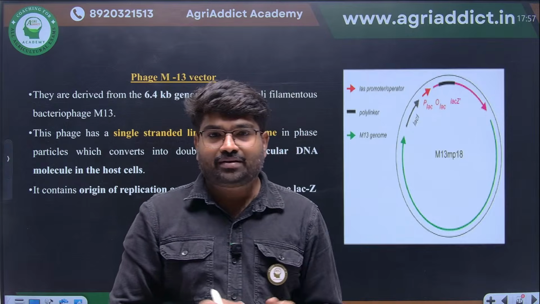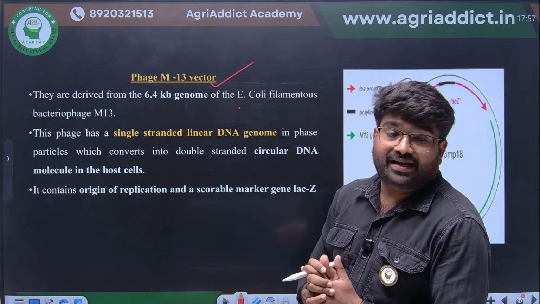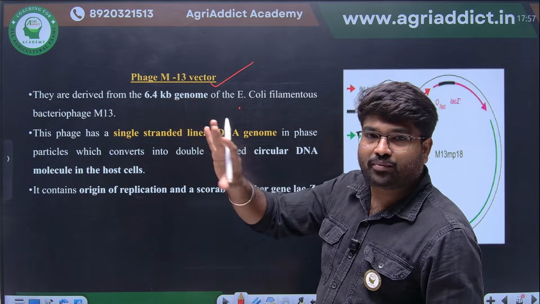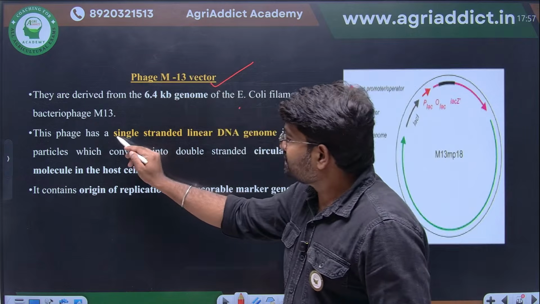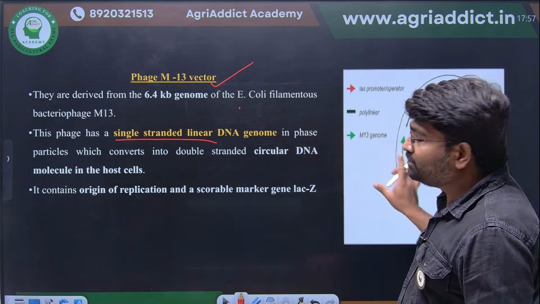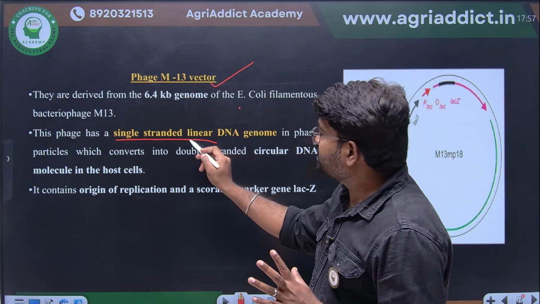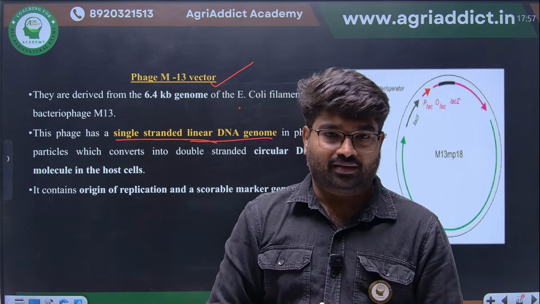Another most important thing, phage M13 vectors. The specialty we are going to see from the exam point of view only. In phage M13 vector, the genome of phage M13 is single stranded. So this is primarily used for synthesizing single stranded DNA molecules.